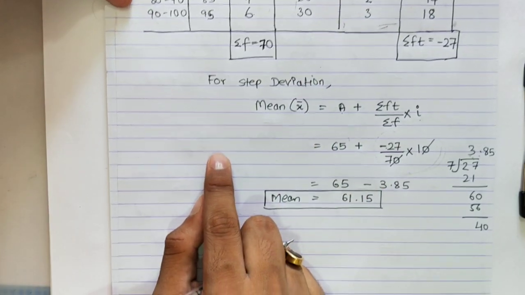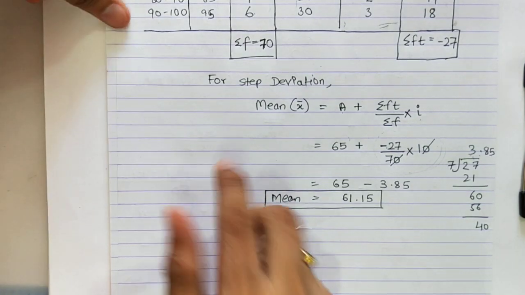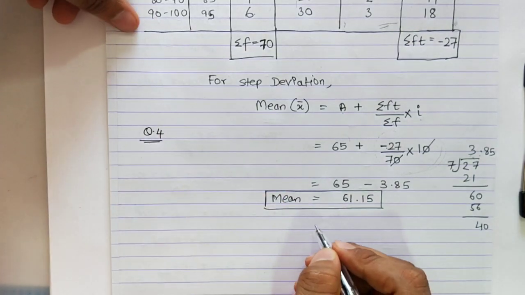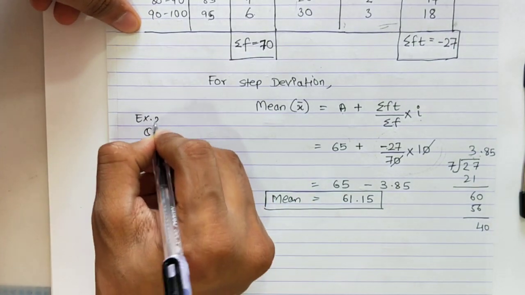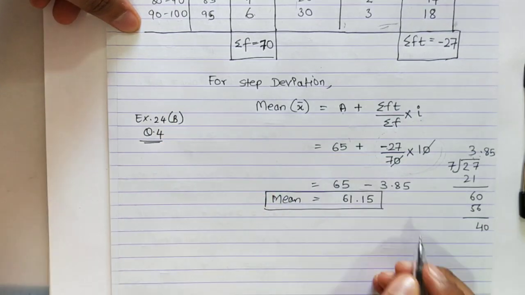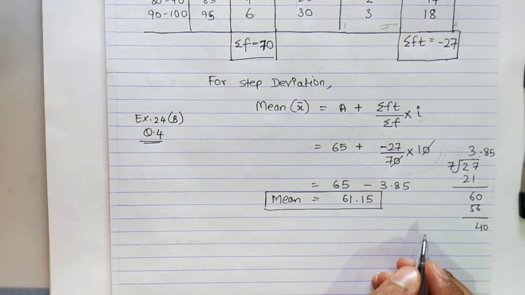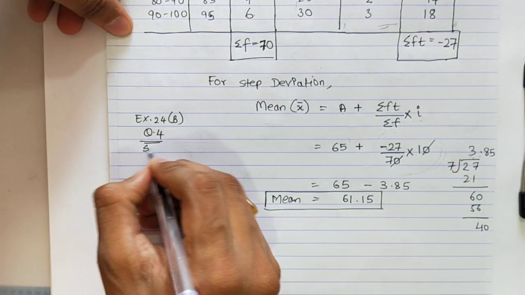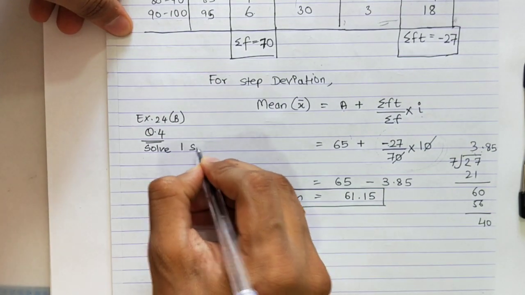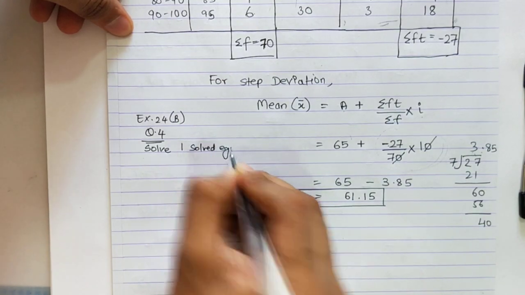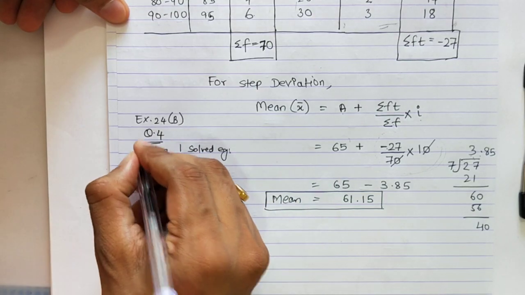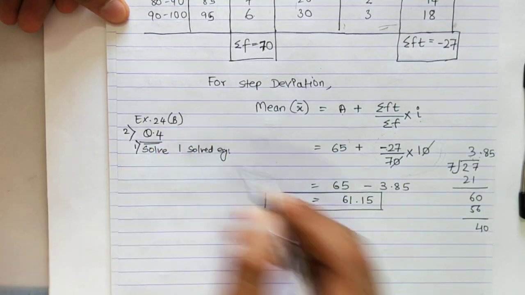Once you have done this sum, you solve question number 4 from exercise 24b only, and after that, solve one solved example of step deviation. You can do it like this also. Solve this solved example first and then do question number 4.